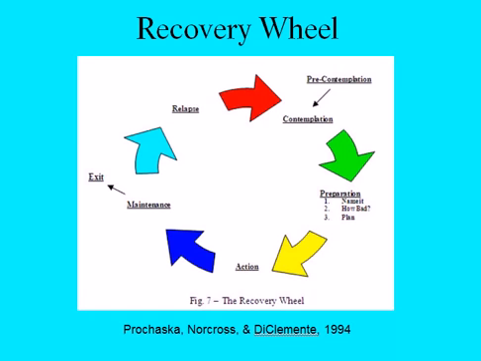Okay, so let's spend a little time now talking about the stages of recovery. And in this case, with Prochaska, Norcross, and DiClemente from 1994, who came up with a model on motivational interviewing for counseling addiction, people affected with addiction and their family members, they identified these five stages of change.